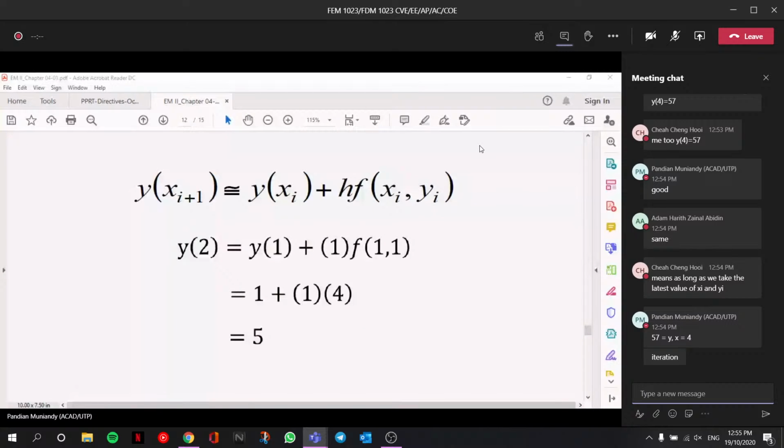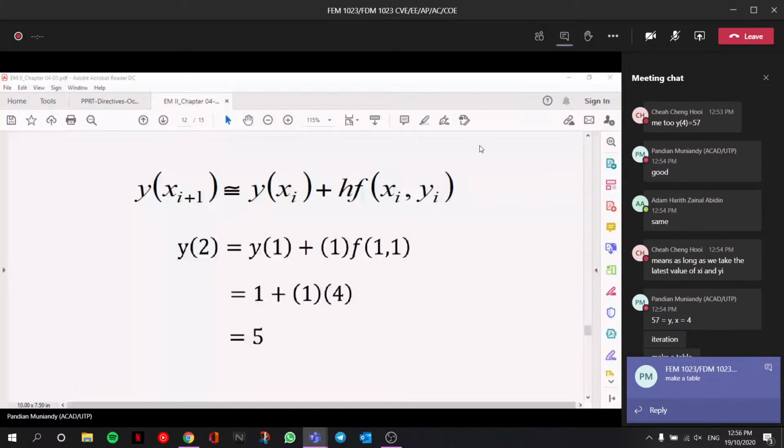So you calculate and make a 2-column table. I do it now.